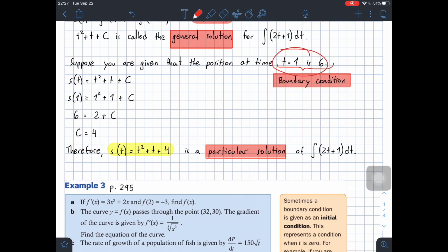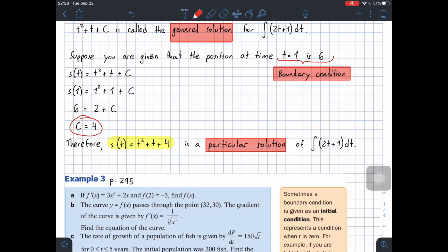If we apply the boundary condition, we're going to say that when time is 1, our position is equal to 6. So we set this equal to 1 squared plus 1 plus c. That means that 6 is equal to 2 plus c. And then we can find a particular solution of c.